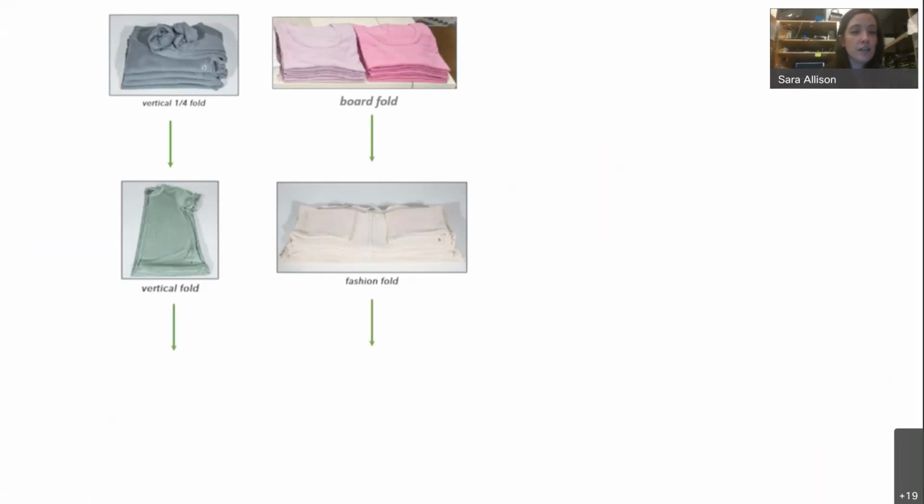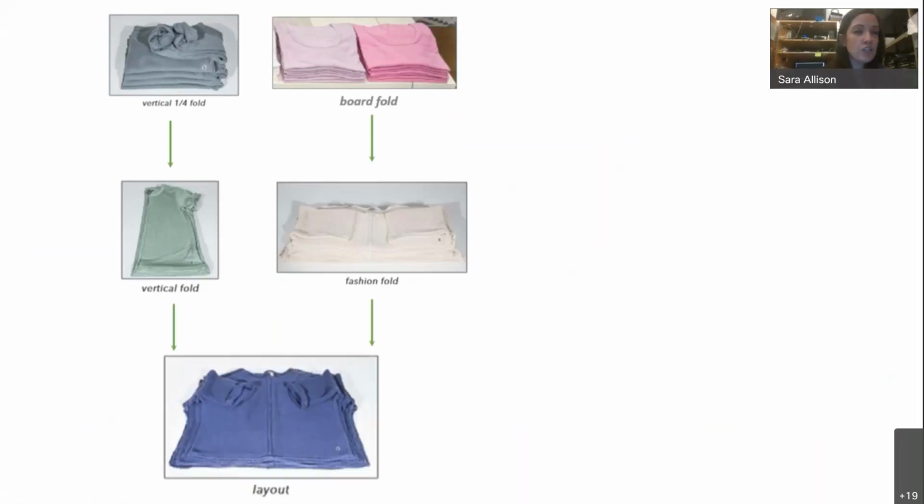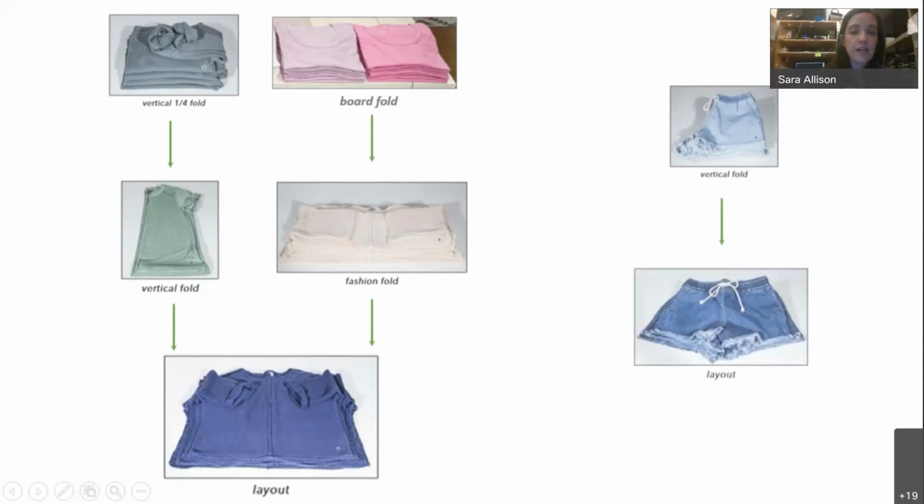When we're talking about adjusting folds, here's the cadence you would go through. You might start with a really small fold to show a ton of colors in something. Then as you start breaking in certain colors, you may need to change to a different fold. And then you may need to end with more of a layout, which takes up a ton of space. And in bottoms, this is what it would look like.